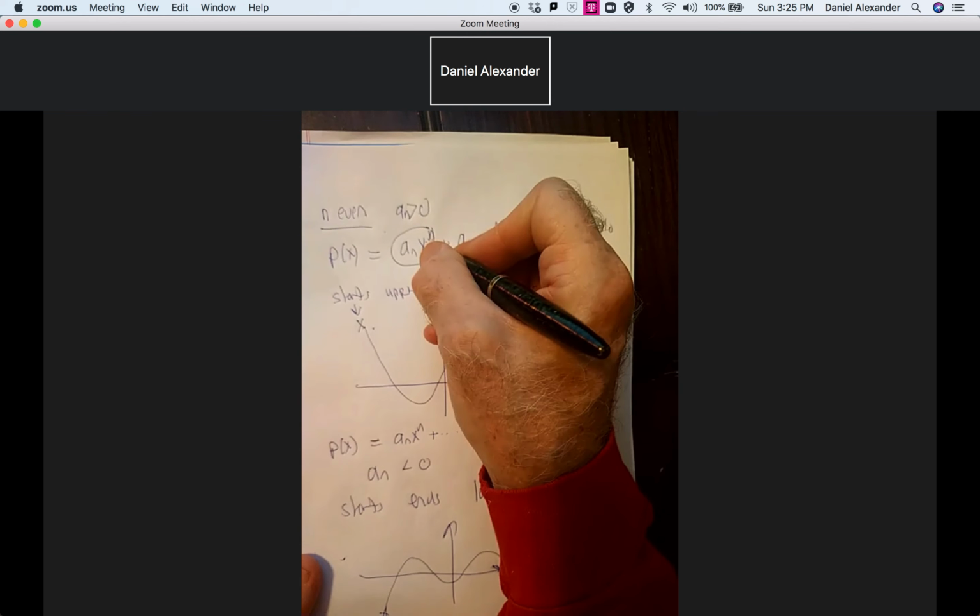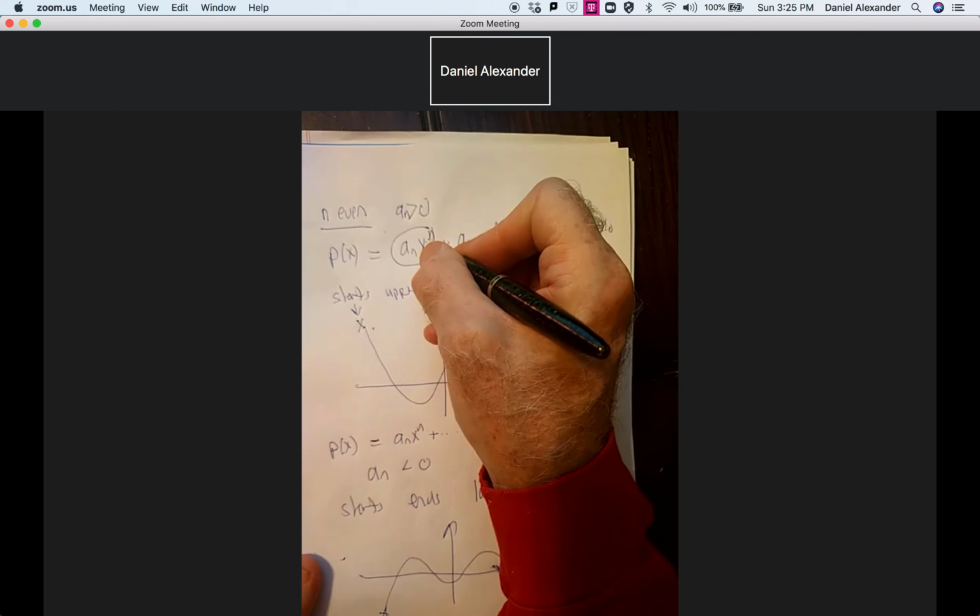So let me show you the next one. But first, I want to advance the slide. Okay. Now I'm going to share that. Sorry, the share is taking a little bit of time. So here we have the opposite, where n is odd. When a_n is positive, we see that we start low, and then we end up high.